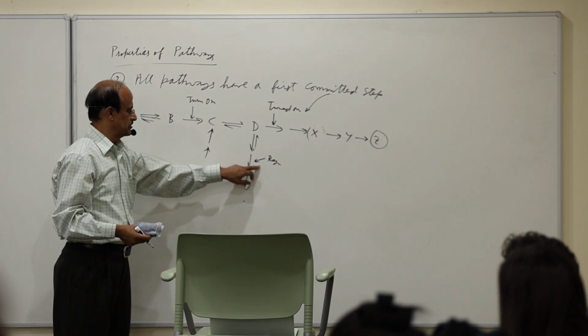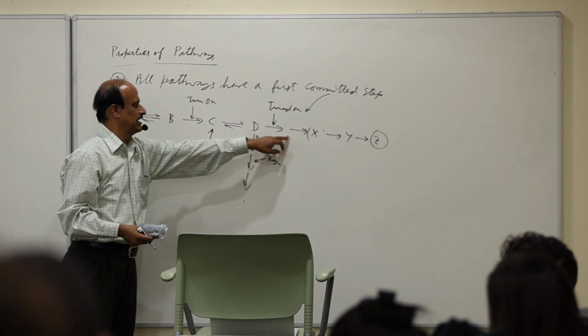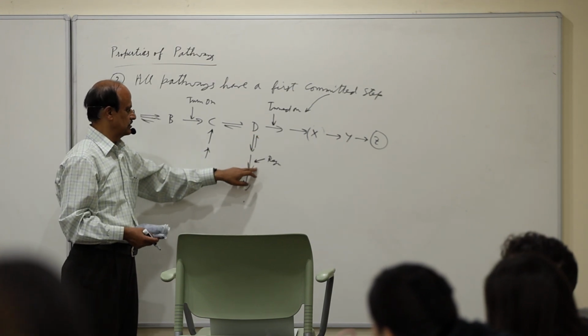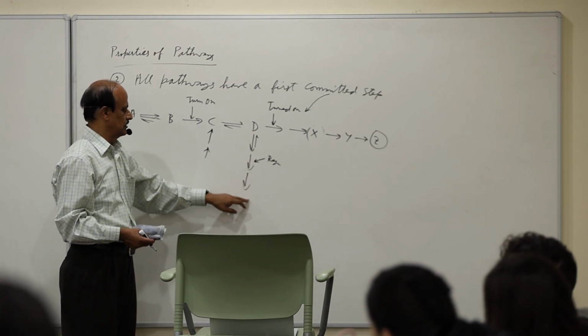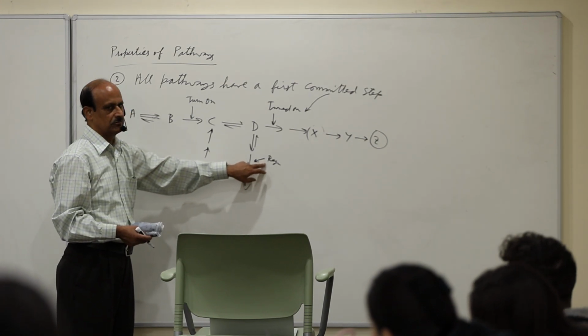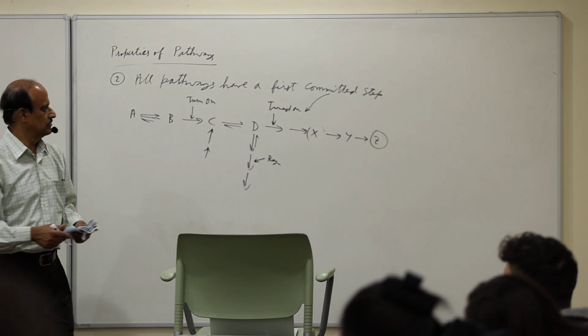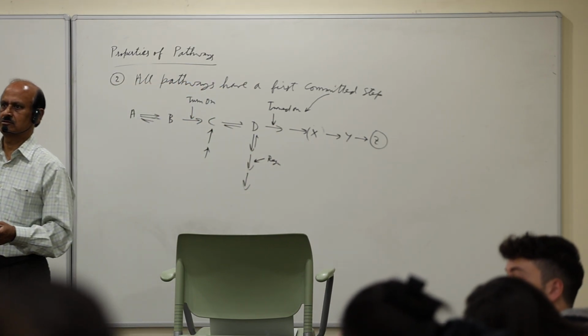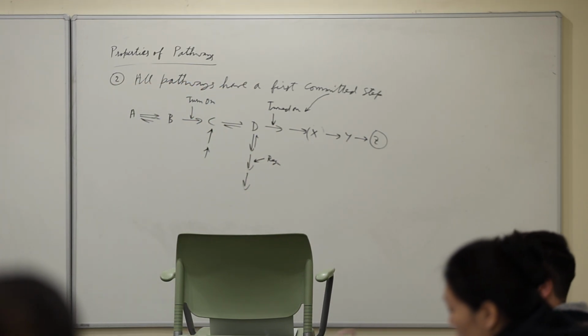So this will be the first irreversible step after branch. So this becomes the branch of this pathway. So after the last branch, this is the first irreversible step. So to regulate this product, you need to regulate this step in the pathway. So that's the first committed step of every pathway.